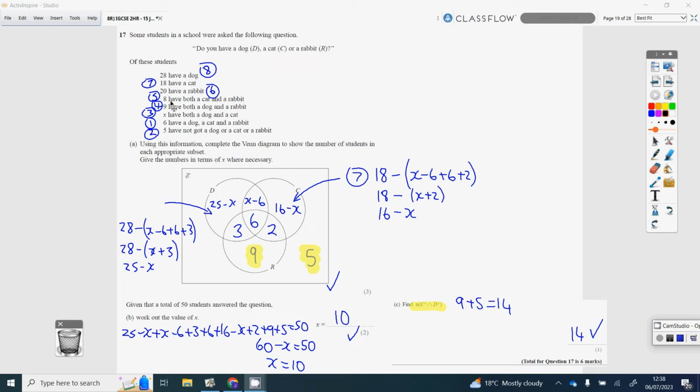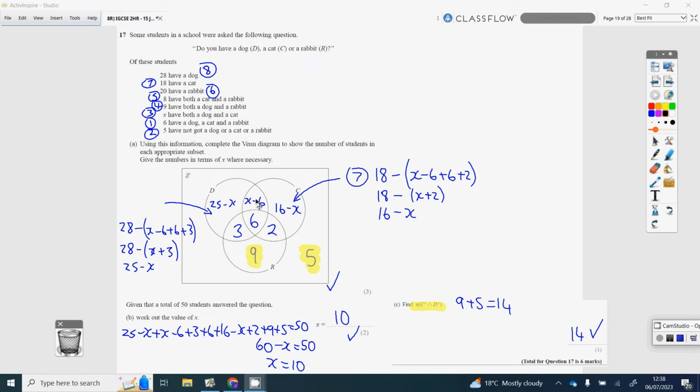Number 6, 20 have a rabbit. So the rabbit is the whole of this football here. I've already got my 3, 6, and 2. So 20 take away 3, 6, and 2 gives me this 9 here. Now, the tricky one. 18 have a cat. So the whole of this cat football here has to add up to 18.